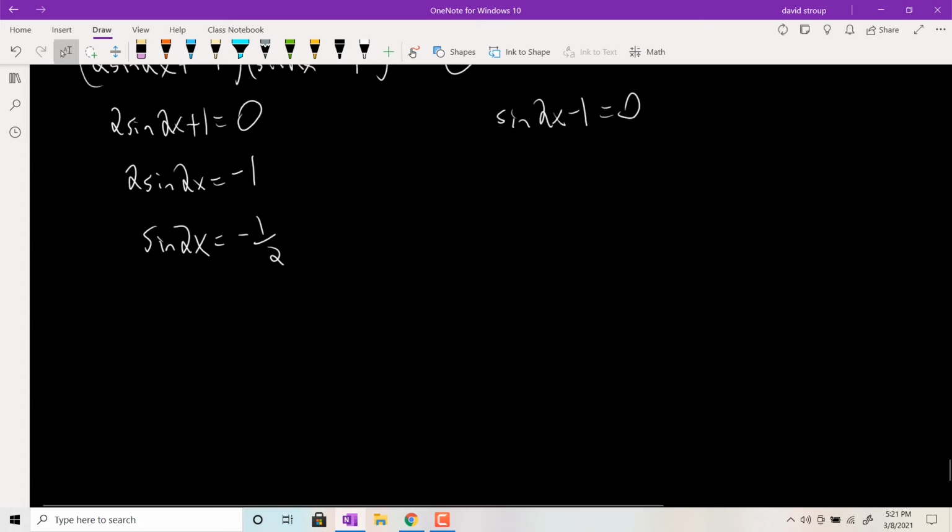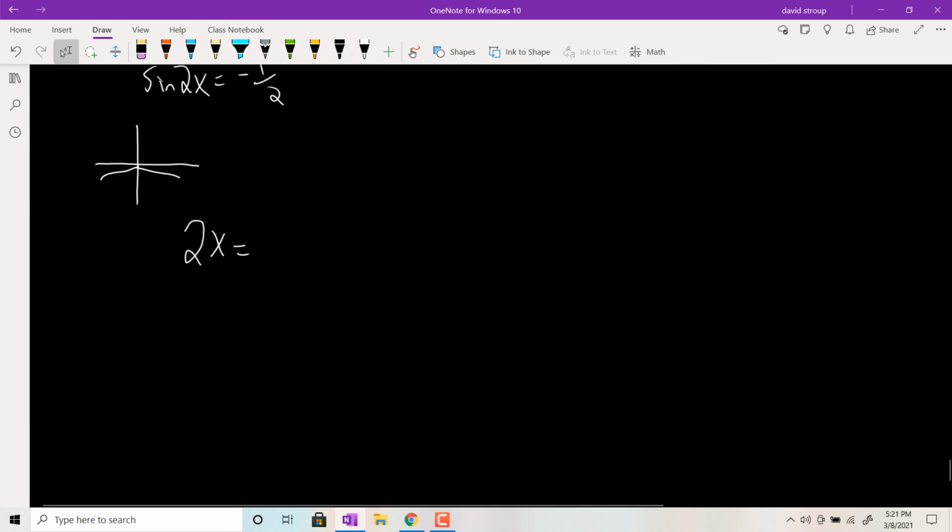Okay. So this is where you got to be a little careful, because for negative 1/2, again, the reference angle is pi over 6, so sine is negative in this quadrant and this quadrant. Instead of putting 7 pi over 6 and 11 pi over 6 as x equaling those answers, you have 2x equaling those things. So you have 2x equaling 7 pi over 6, and then 2x equaling 11 pi over 6.